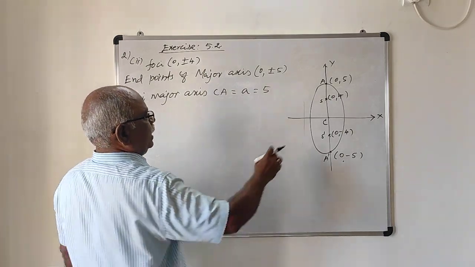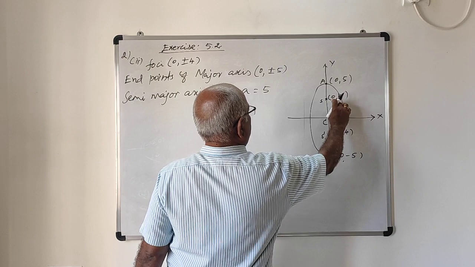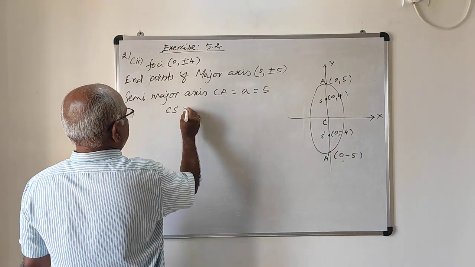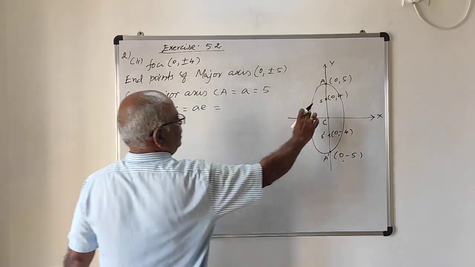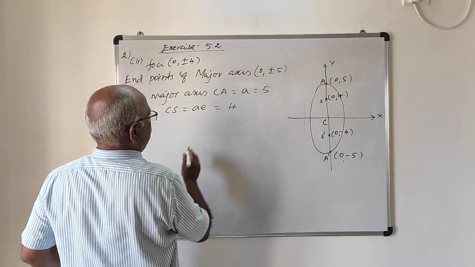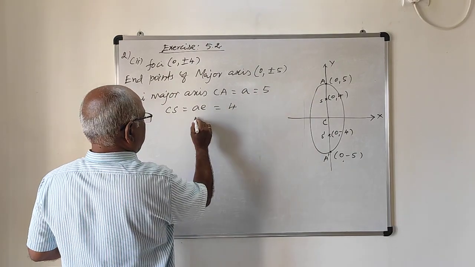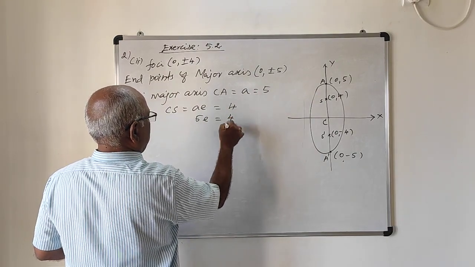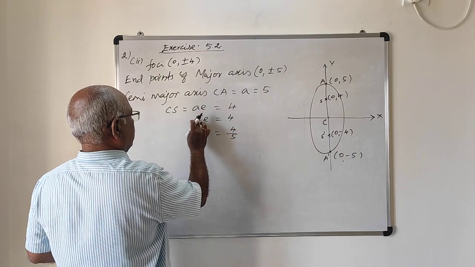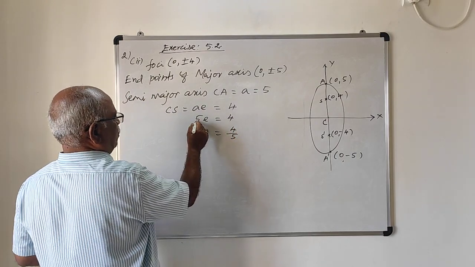And the focus is 0, 4, therefore the distance CS is AE, that is 4. We know that A is 5, therefore 5E equal to 4, E equal to 4 by 5. We have E equal to 4 by 5.